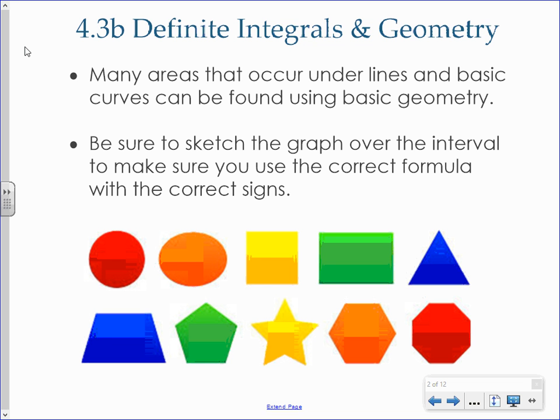Sometimes we may have a semicircle. Well, we know how to find the area of a semicircle. We don't need calculus for that. So if your curve represents a shape that we can find its exact area without calculus, let's do it. That's essentially what we're going to be doing today.